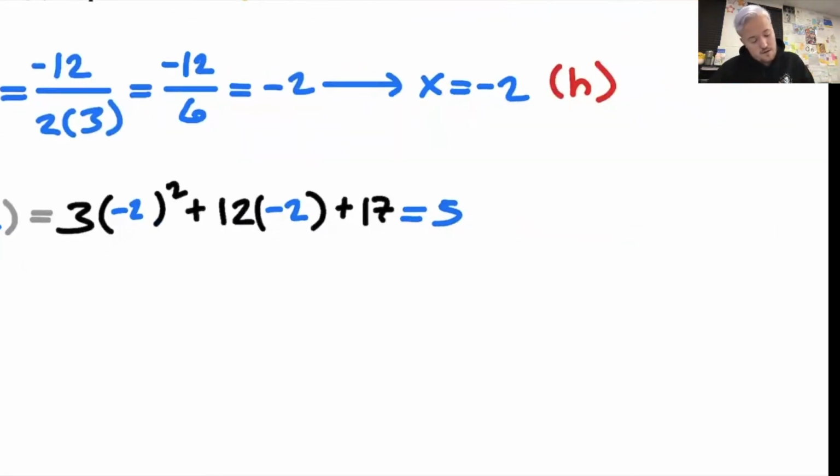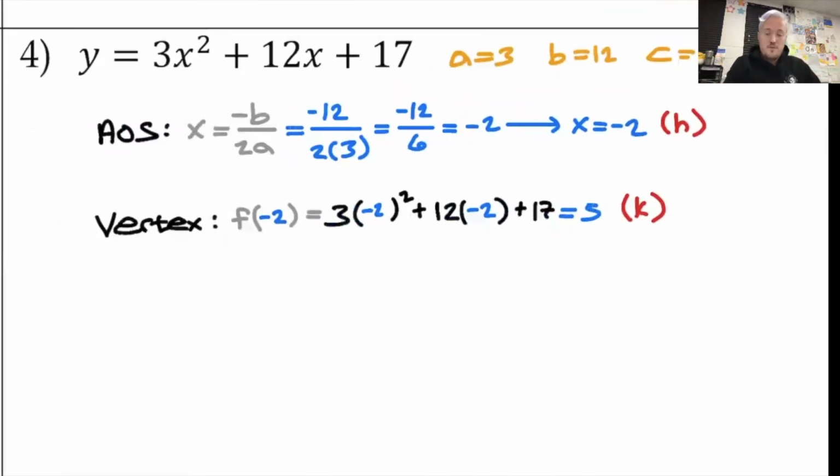All right, and this is your k value. I'm going to use this information to write the vertex. So we have a vertex of negative 2, 5.